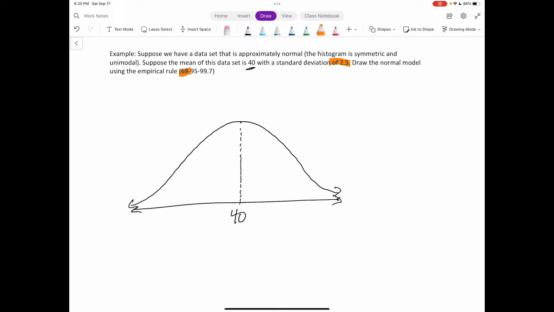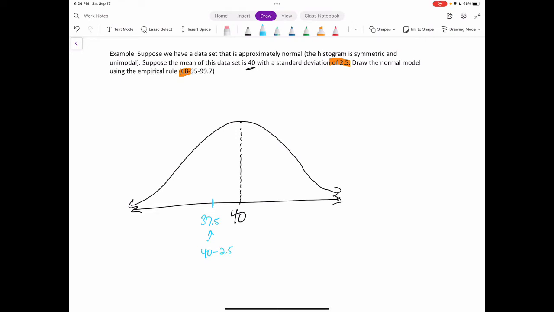So if I go to 40 and subtract away 2.5, that will give me 1 standard deviation to the left. 40 minus 2.5 gives me 37.5.